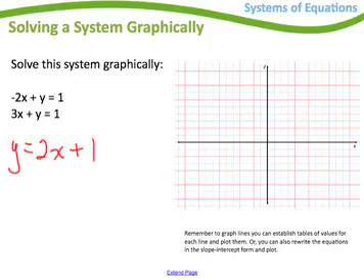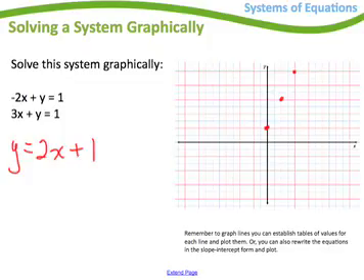So my y-intercept is at a positive 1. Let's put 1 right there. And then my slope is 2 over 1. So I go up 2 and over 1. Up 2 and over 1. So my line looks something like that. That's for the first one.